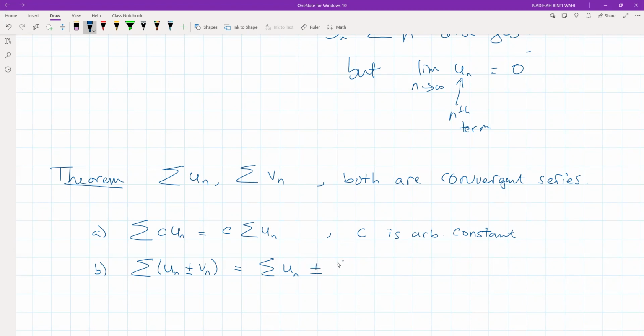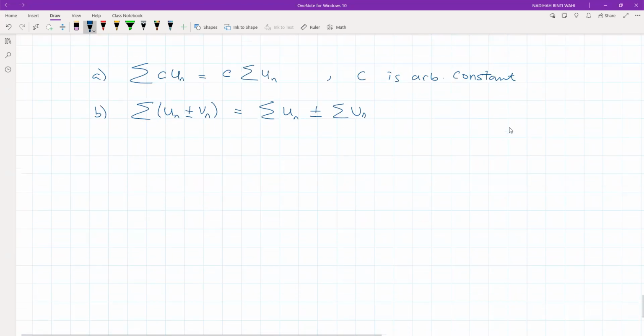So plus minus v n. Okay. So this is one of the properties, not of linear algebra, but the properties of a linear operation. That's the word that I want to say. So with a linear operation, you can do something like this.